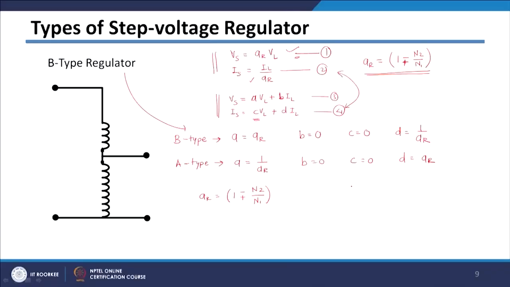So the number of turns in the regulating winding will be 10% of the turns in the common winding. Say if there are 1600 turns in the common winding, then the turns in the regulating winding will be 160, because only 10% variation we are doing using the regulating winding.